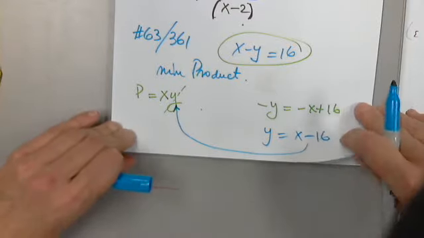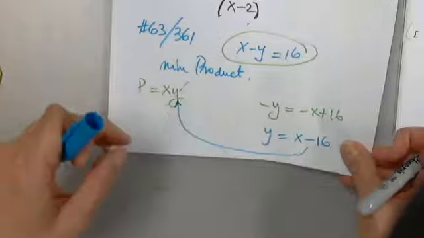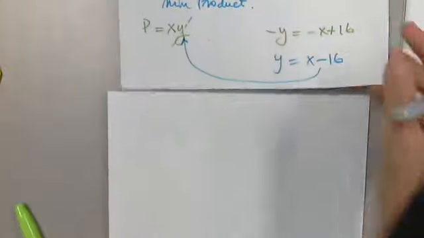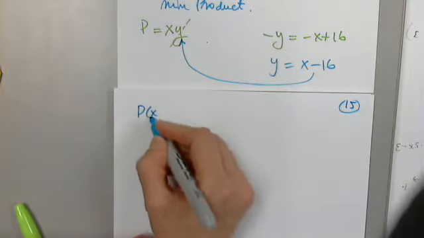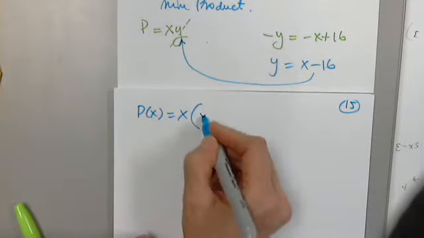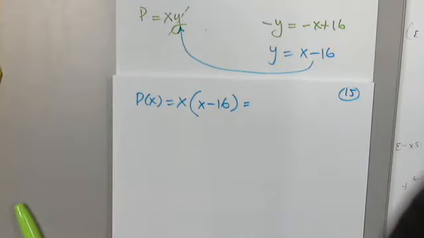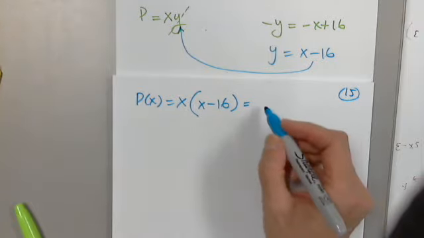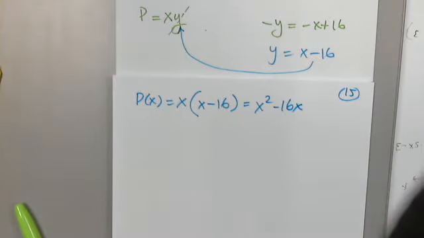And now I can write that the function p is a function of x only. So p of x is x multiplied by x minus 16, because I replaced y by x minus 16. So then what is the final form of this product function? Very good. And remember, we have to have everything in descending order.